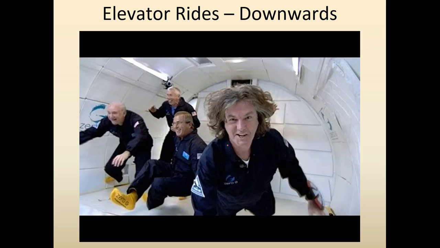This actually is a very important aspect, mainly for Hollywood. The way Hollywood tends to do a lot of recordings for people being up in space, like in movies, they put people into what's called a vomit comet.